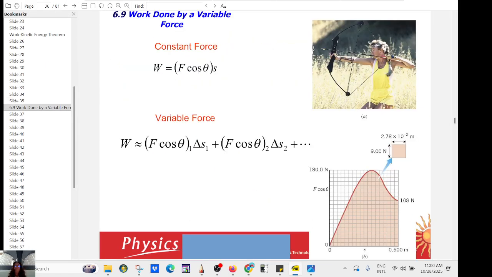So here is a good example. If someone is using what is called a bar, right? So first it's gonna be small, then you increase, get to a maximum, and then you let go. So it's gonna go something like this.